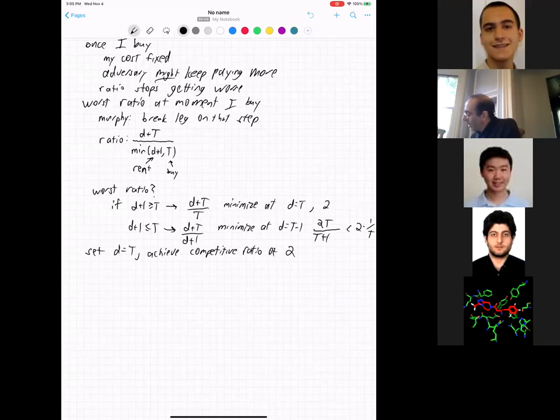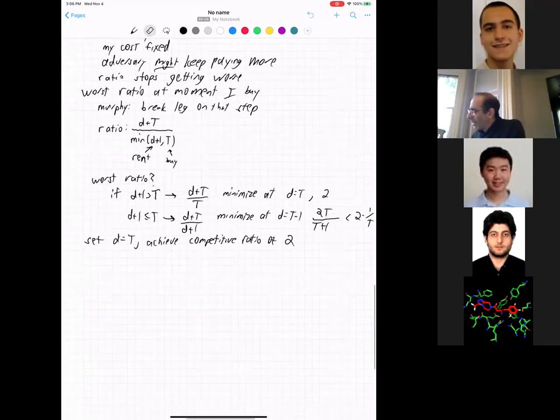No, the top one I think is minimized at T. You should say D plus 1 is strictly bigger than. Oh, you're right. Sorry, I'm double counting the cases here. This is for D plus 1 strictly greater than T, so I can't set it to T minus 1. Sorry, I've scrambled it up by trying to derive it.